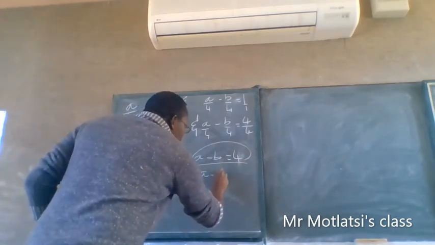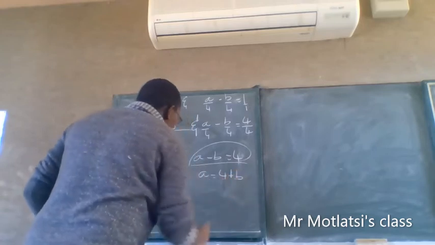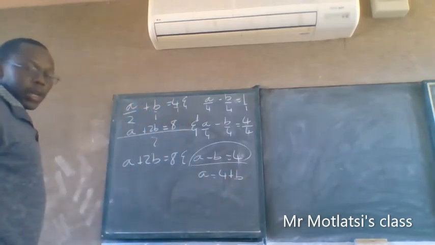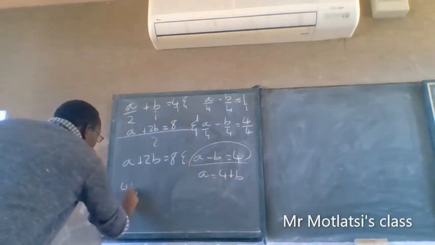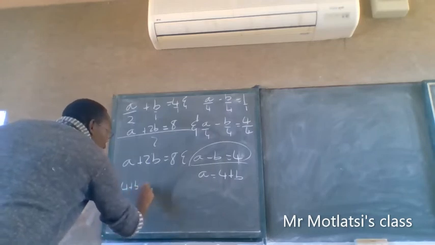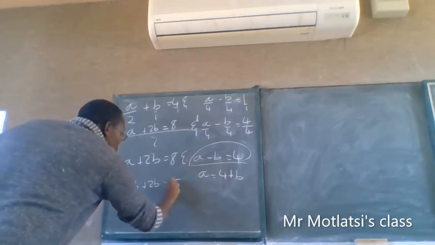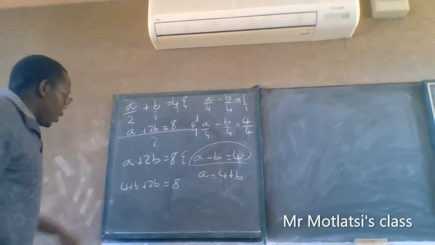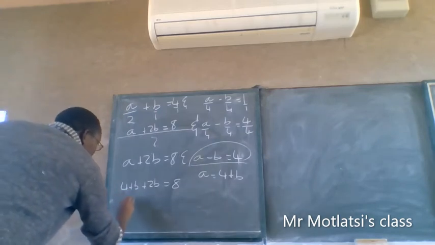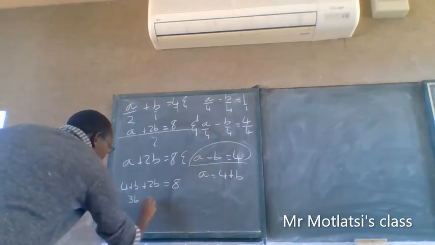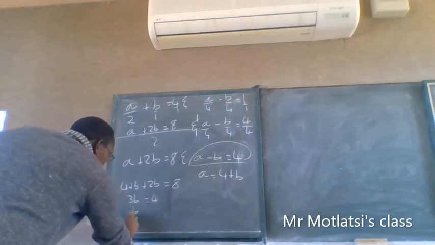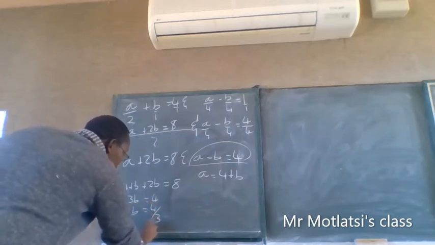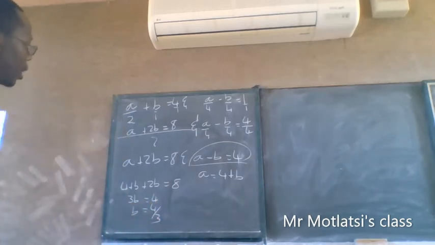A is equivalent to 4 plus B. Then let me substitute for A over here. 4 plus B plus 2B is equivalent to 8. And so therefore what we have here, we have 3B is equivalent to 4, and then B is equivalent to 4 over 3.